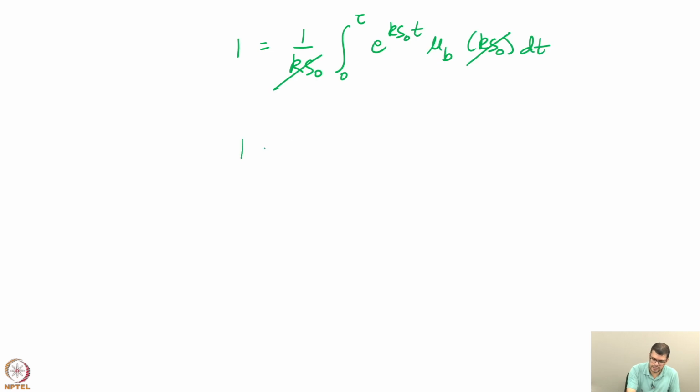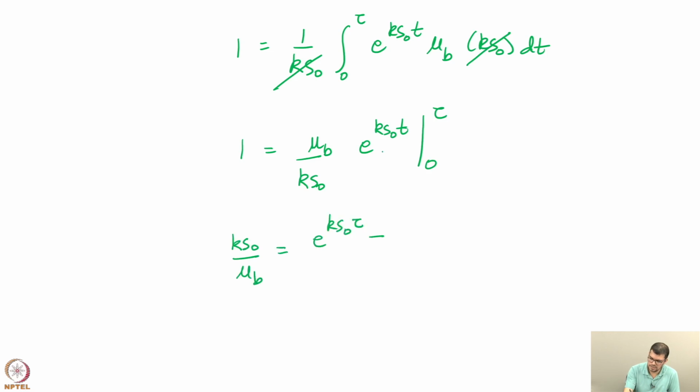I integrate it, I get 1 equals 1 upon Ks naught, mu b comes out, e to the power Ks naught T. I apply the limits 0 to tau, and I get Ks naught by mu b is equal to e to the power Ks naught tau minus e to the power Ks naught into 0, which is just 1.